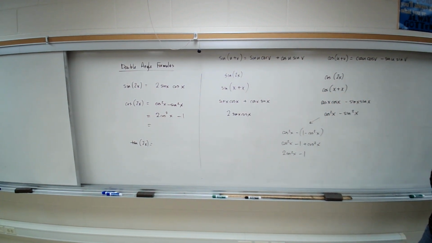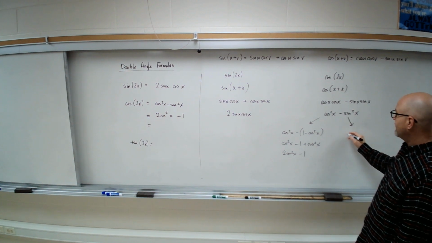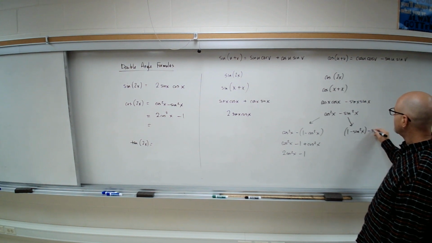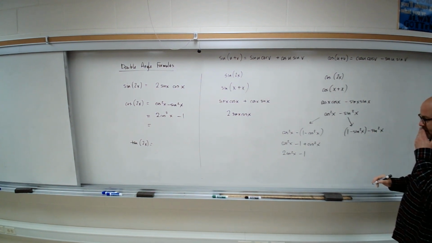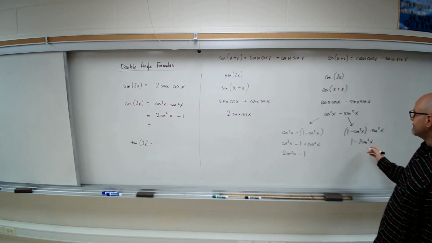And then to find the third version, we're just going to replace the cosine squared with 1 minus sine squared. Again, it's that fundamental Pythagorean identity that I've been yammering about all year. So 1 minus sine squared x minus sine squared x is 1 minus 2 sine squared x.